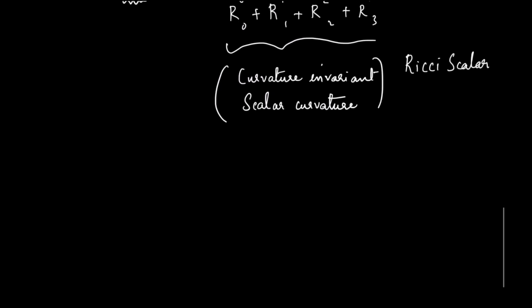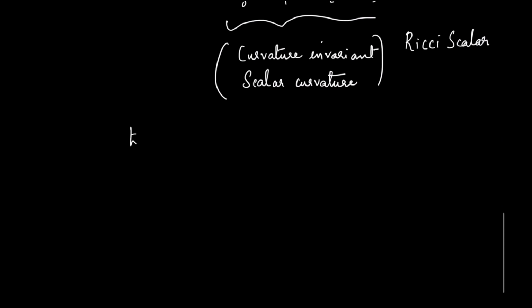In Euclidean geometry, R will be 0 because there will not be any curvature. So in Euclidean geometry, R is equal to 0 everywhere.